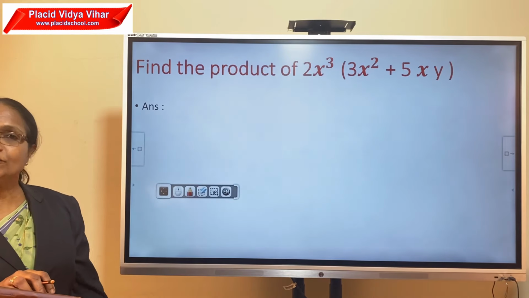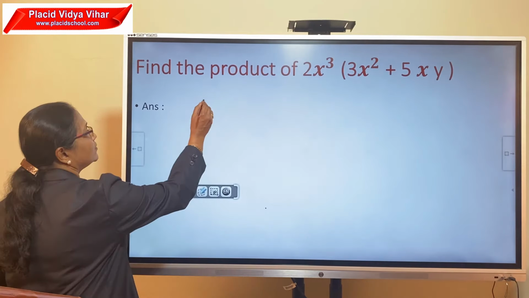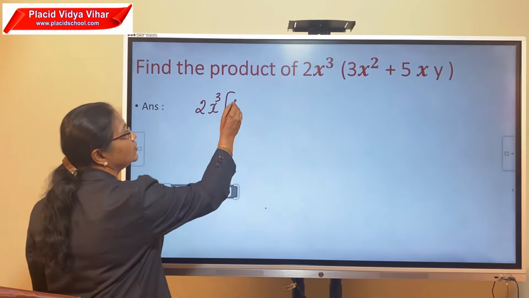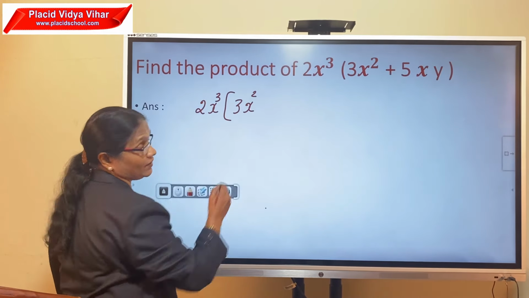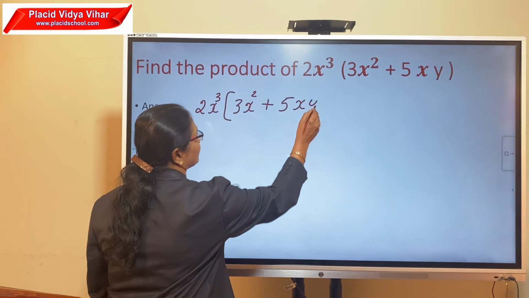Question. Find the product of 2x cube into 3x square plus 5xy.